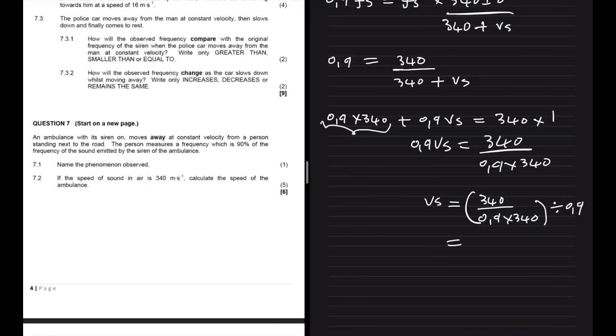So VS is 1.2345 meters per second. This answer seems very fishy. It's so small. I don't know if I did something wrong, but let me just move on.